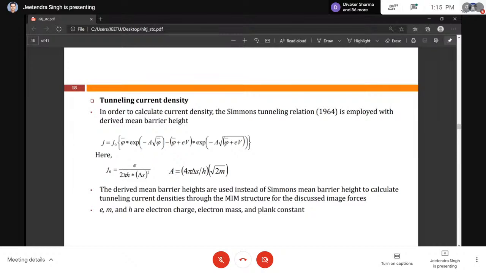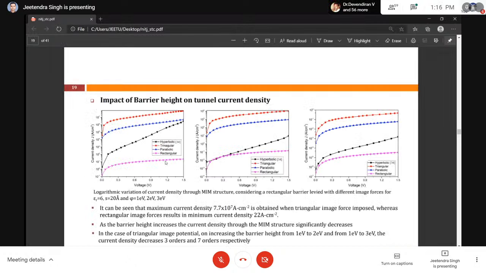These are the basic parameters which are often used here to determine the tunneling current. So you can determine the tunneling current, and the effect of the barrier heights on the tunneling current is shown here. The first graph represents when the barrier height is considered as 1 electron volt.